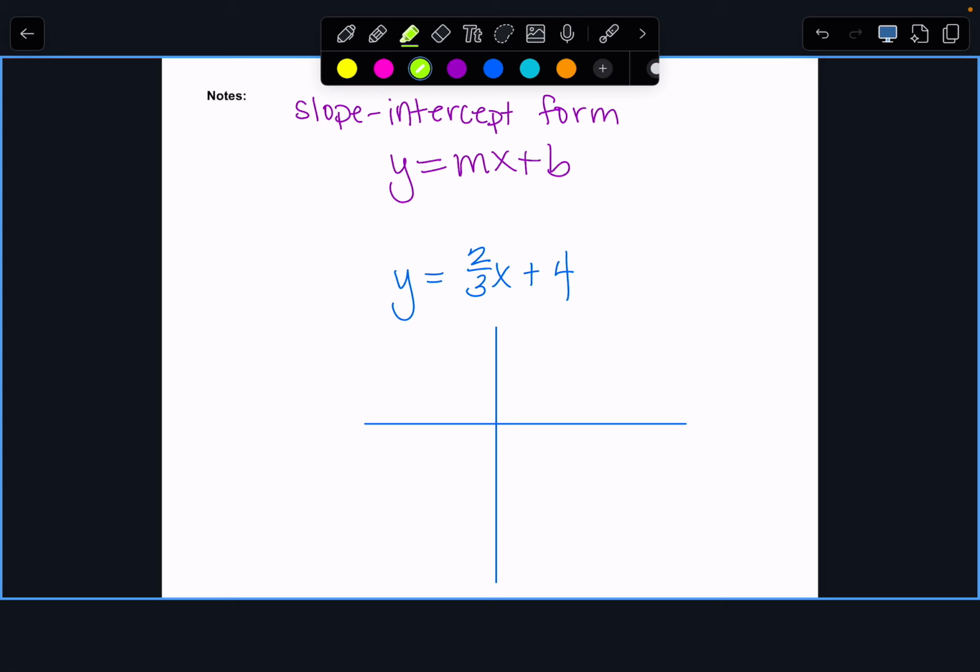With the slope or with the y-intercept? We are going to start with the y-intercept on the y-axis. Then we are going to count our slope, rise over run.